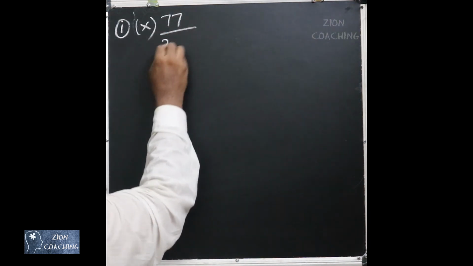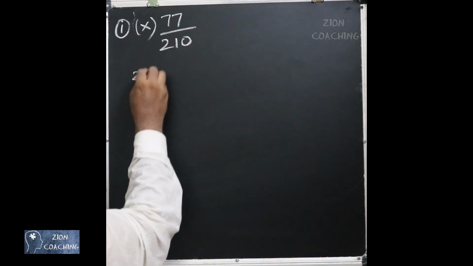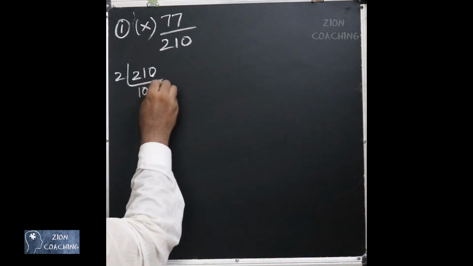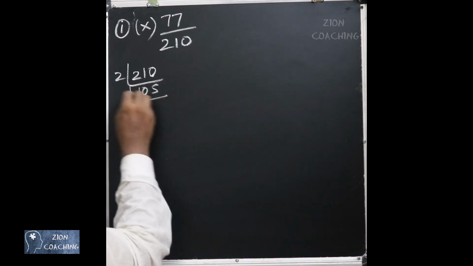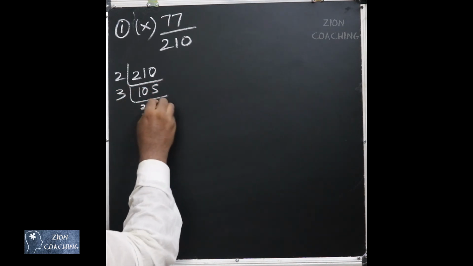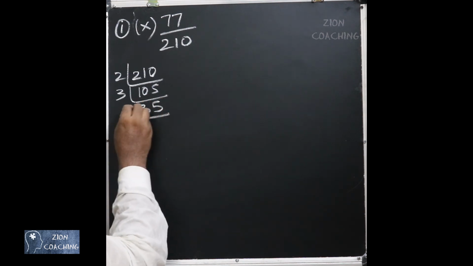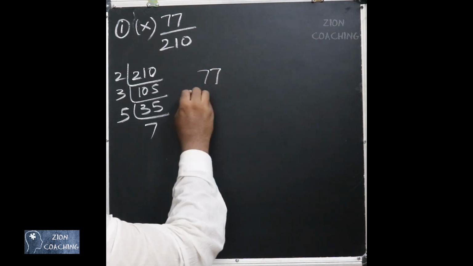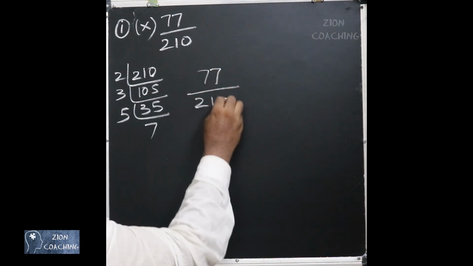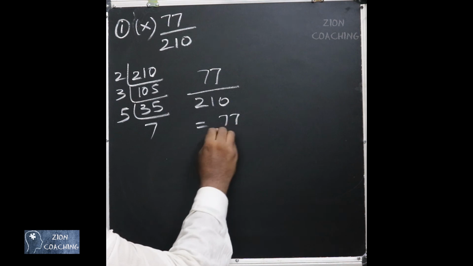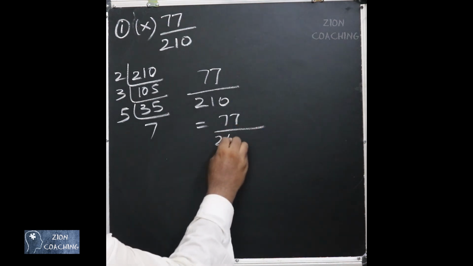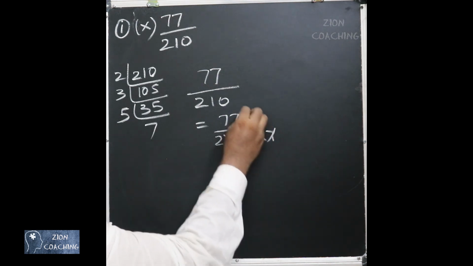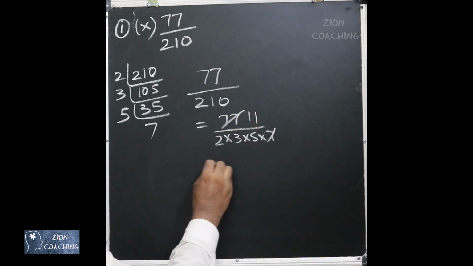77 divided by 210. When you prime factorize the denominator, you have 105. Then you can divide this by 3, 3 3s are 9, 35. Then dividing it by 5 you will get 7. So 77 by 210 can be written as 77 by 2 into 3 into 5 into 7. 7 and 77 can be cancelled.